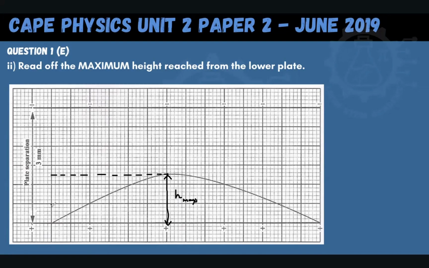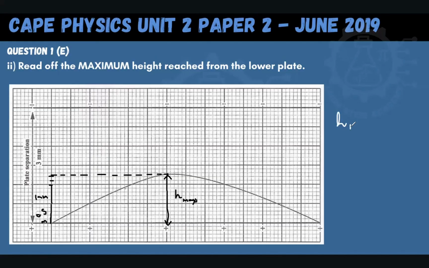So each of these squares, remember, is 0.5 millimeters. So two of them will be 1 millimeter. And then each of these little lines is 0.1. So that's 0.1, 0.2, 0.25. So that's 1.25. Okay, so my H max is 1.25.